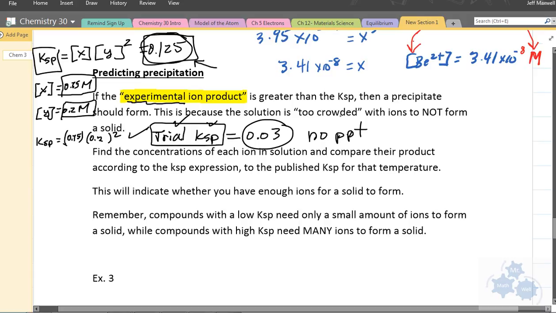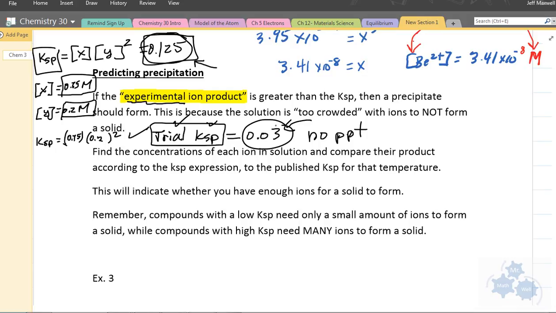Precipitate, again, means a solid forming out of the solution. Okay? I don't know if I can make it any plainer here. But if this number that you get from your actual concentrations is smaller than the published Ksp, you do not have any solid forming. That means there's not enough ions to bump into each other to form a compound in that solution. Yes? Okay.